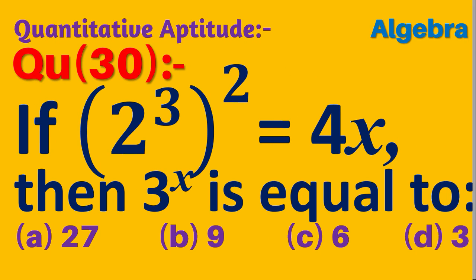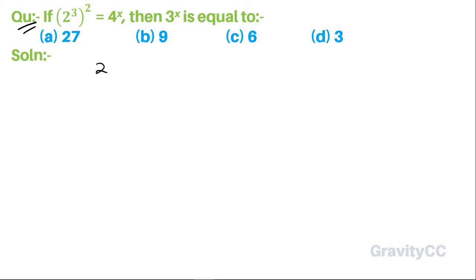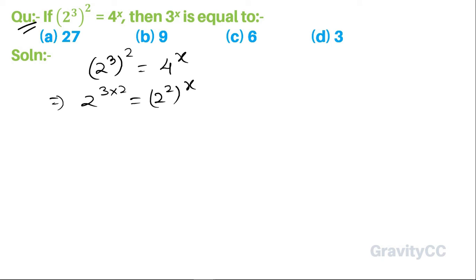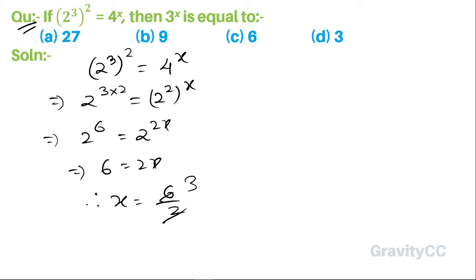If 2 to the power 3 to the power 2 equal to 4 to the power x, then 3 to the power x is equal to which option? So here given that 2 to the power cube to the power 2 is equal to 4 to the power x, implies that 2 to the power 3 into 2 is equal to 2 to the power 2 to the power x, so 2 to the power 6 is equal to 2 to the power 2x, so 6 equal to 2x, so therefore x is equal to 6 upon 2, 3.